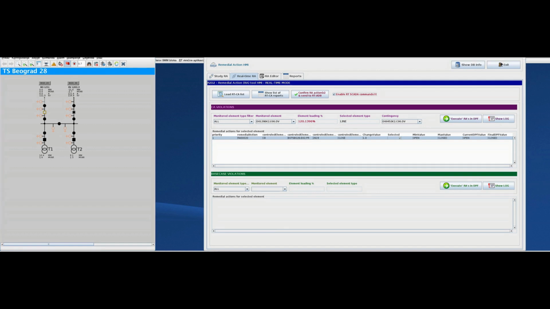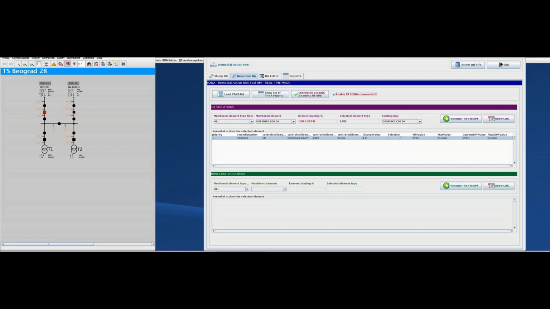So now the signal is sent, and in a few moments the circuit breaker would be closed in substation Belgrade 28. The load on the line is around 500 amperes. And in substation Belgrade 20, the dispatchers will observe if the load on the line is lesser than before.